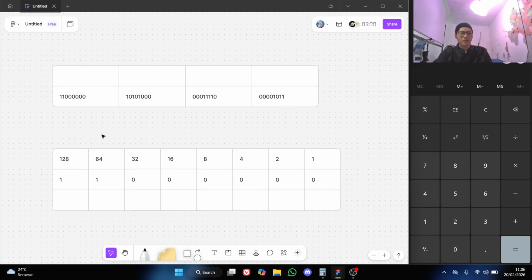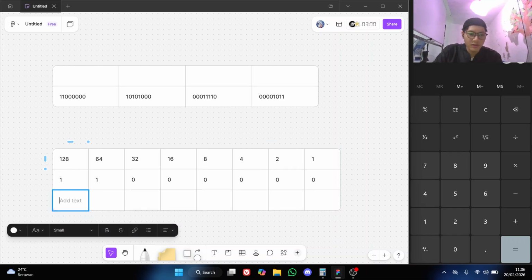Okay, so how do we make this? First, if it's 128, then it's 128 because it's 1. But if it's 0, then we just ignore it. If it's 1, we need to add it. So for example, 128. Okay, now we're at 128.